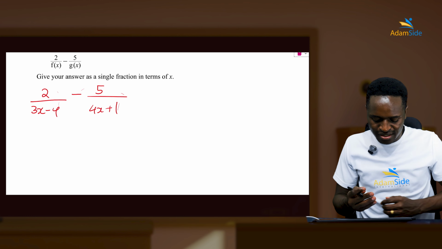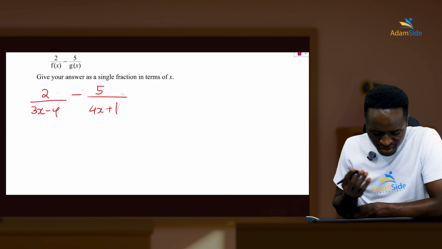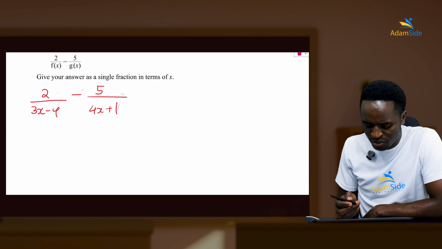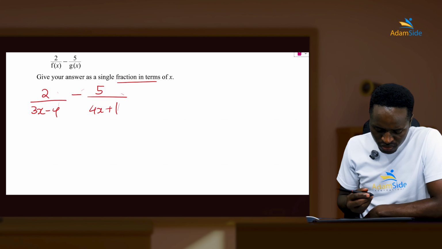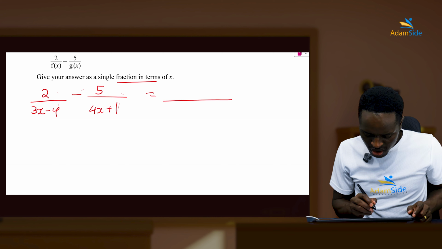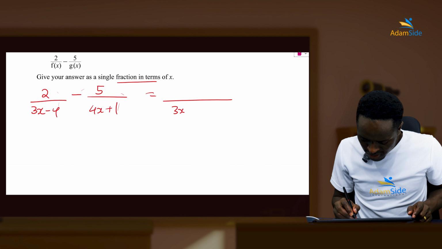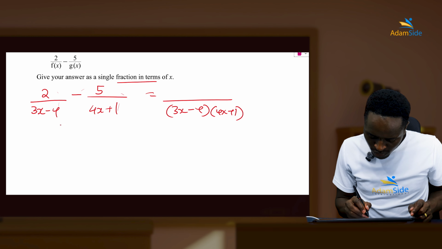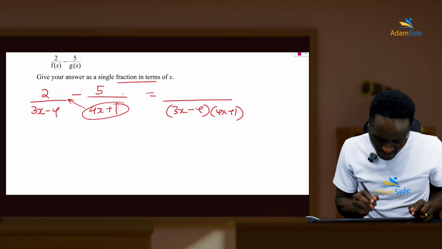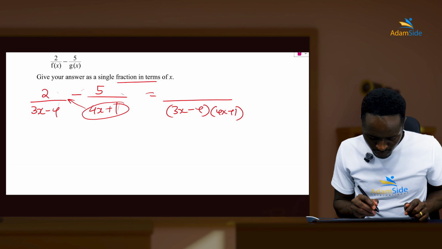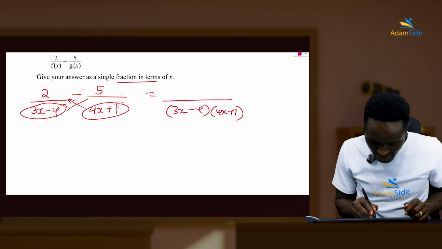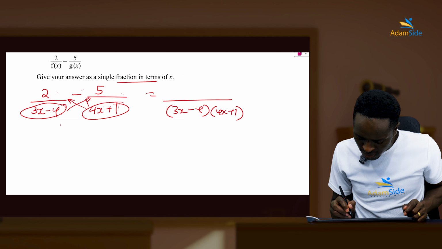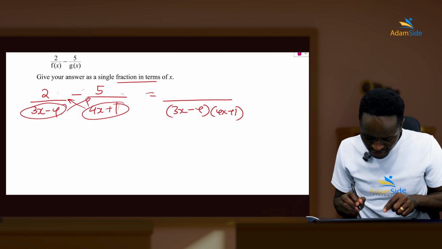Now, after having this, what are we supposed to do? You just give your answer as a single fraction, so you do the normal find common denominator. We don't have to make them big, just put brackets as you're expanding. Whatever you have here, multiply there as it is, and whatever you have here, multiply here. Cross multiply.